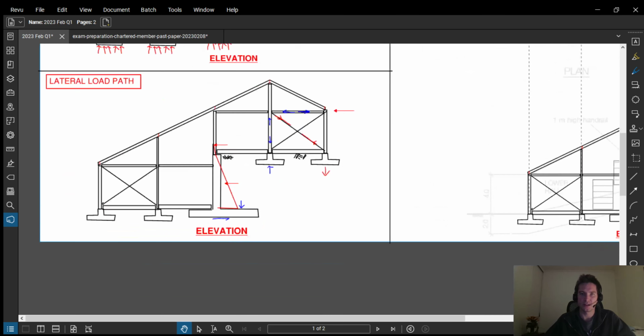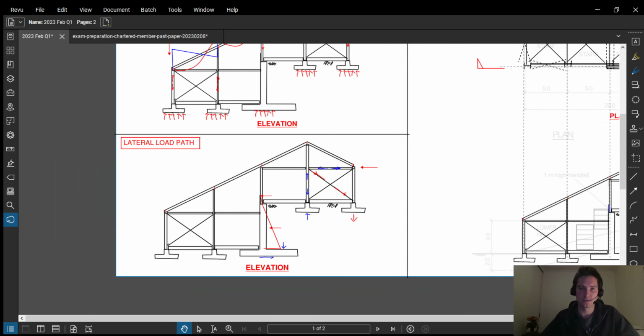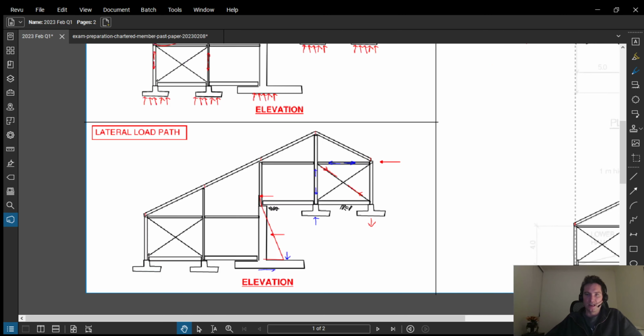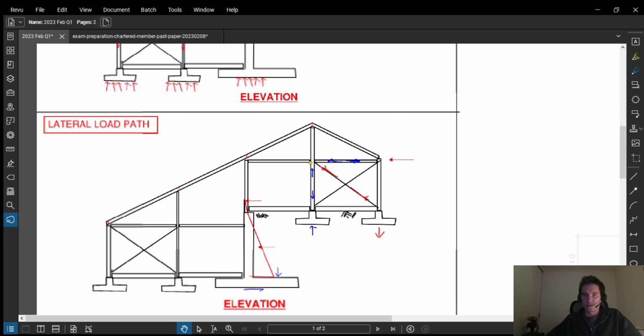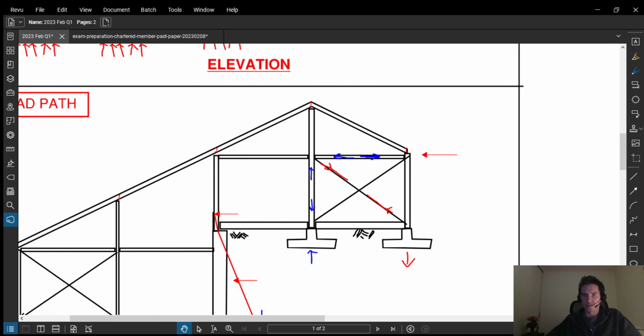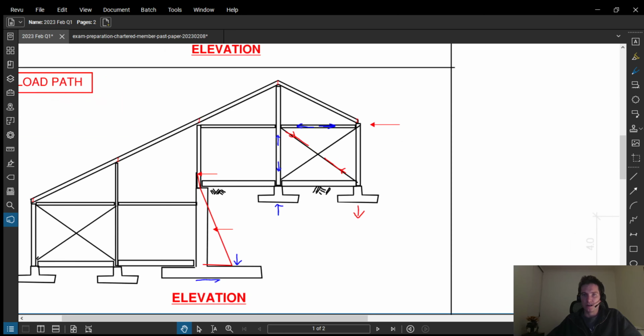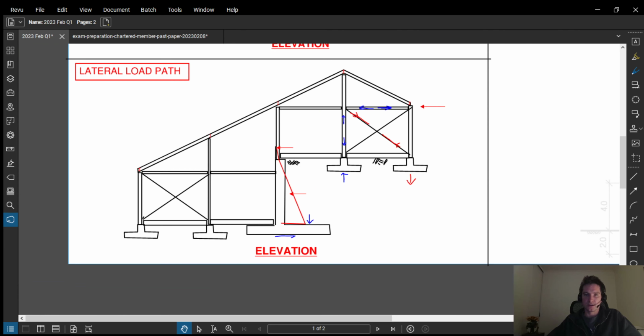Now, if we look at the lateral load path, we've got some steel bracing. So lateral load comes and hits the side of my building here, and it's taken by this strut. The tie takes it in tension. To close out the method of joints here, and for stability, this column has to be in compression, meaning we get this push-pull where this footing is resisting uplift and this footing is bearing onto the ground.